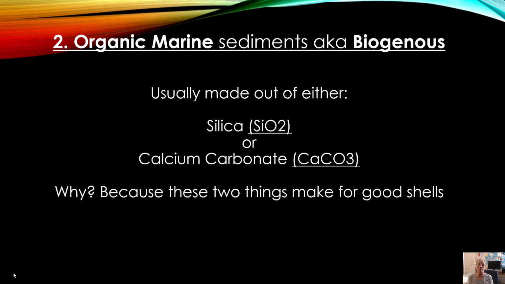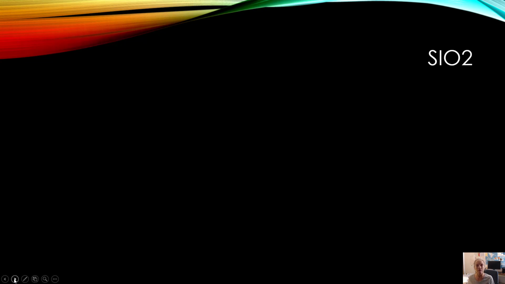So SiO2, that's our chemical formula for silica, and calcium carbonate, CaCO3, is the chemical formula for calcium carbonate. Both of those particular chemicals are really good for making shells. And so we've got a lot of organic sediments made of silica or calcium carbonate.